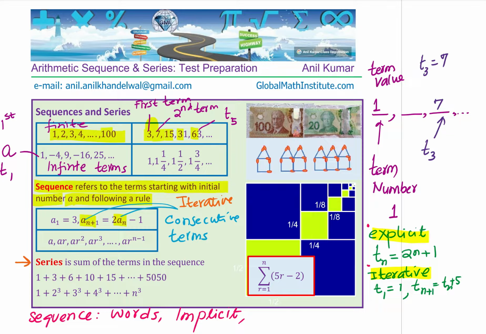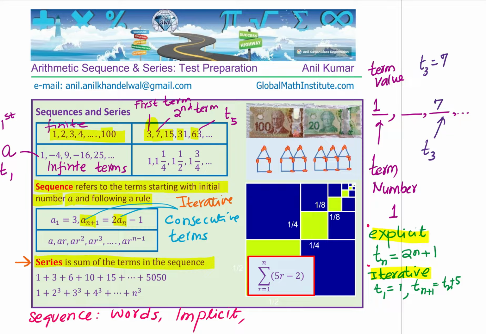So when we have questions based on a sequence, we are trying to find what is the fifth term, what is the hundredth term, what is the last term, right? But when we talk about series, we ask what is the sum of the first 100 terms? How many terms will there be if the total sum is 1000? You get an idea. So series will involve addition of terms in the sequence.